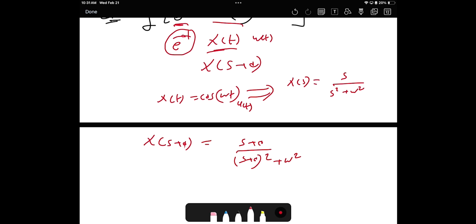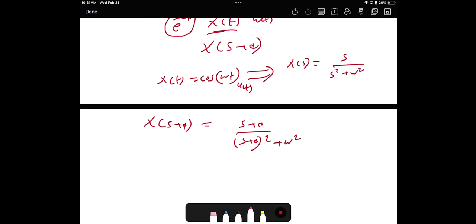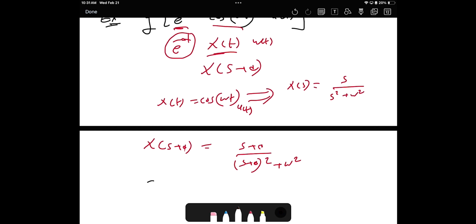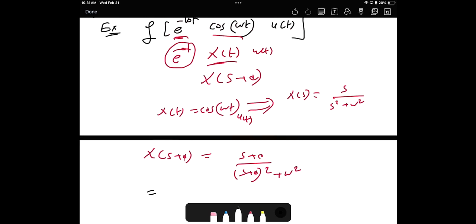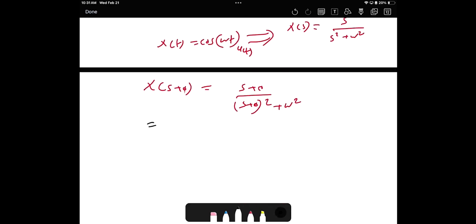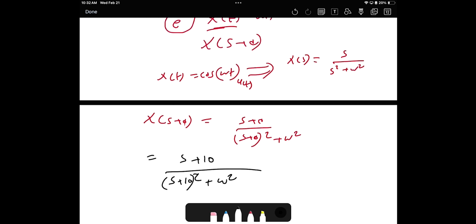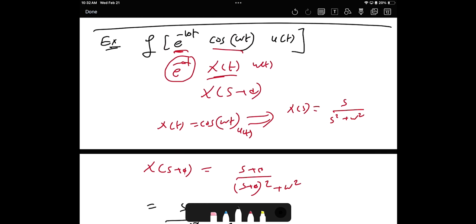Now substitute the values. Since a here is 10, it will be s plus 10 over s plus 10 squared plus omega squared, since omega here is not given. That's it, using the property. Okay, does this make sense? That's how we plan our answer.